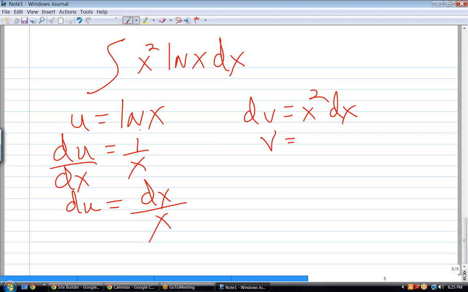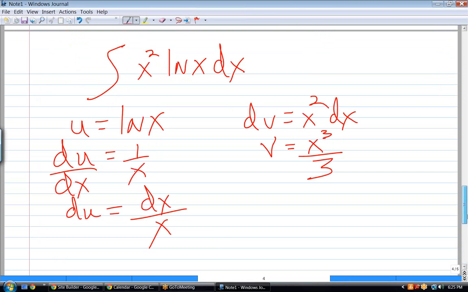Remember, you're always going to differentiate the left side, and you're always going to integrate the right side. You want the antiderivative of x squared. x cubed over 3. Now what is uv minus the integral of v du?